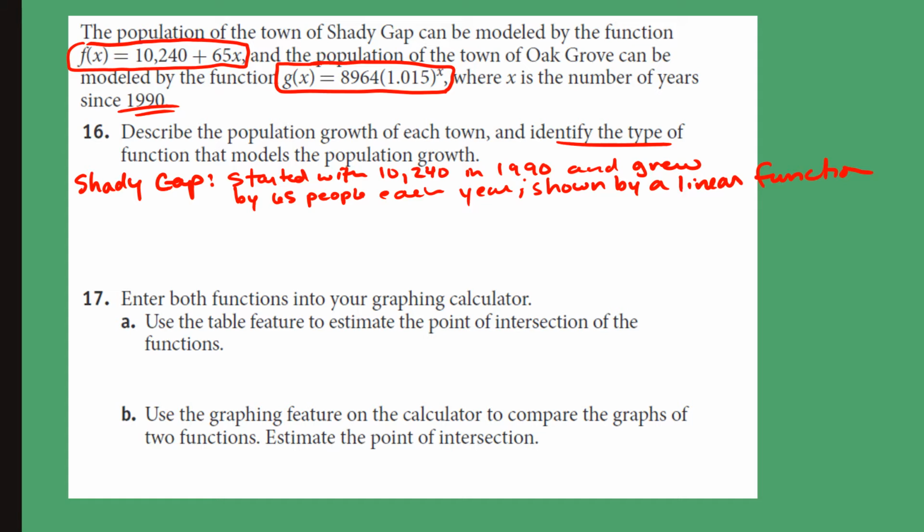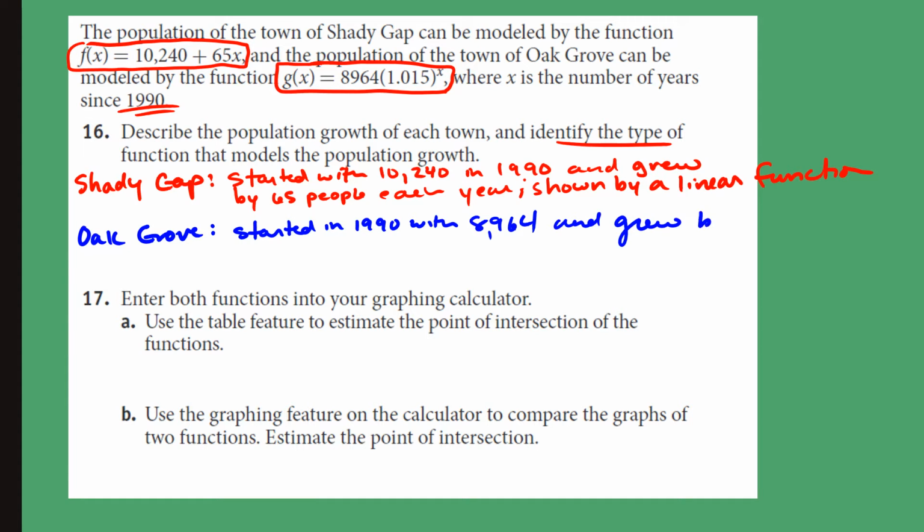And then Oak Grove looks like it started in 1990 with, or had a population of 8,964 people, little town, in 1990, and grew by, that looks like 1.5% every year.